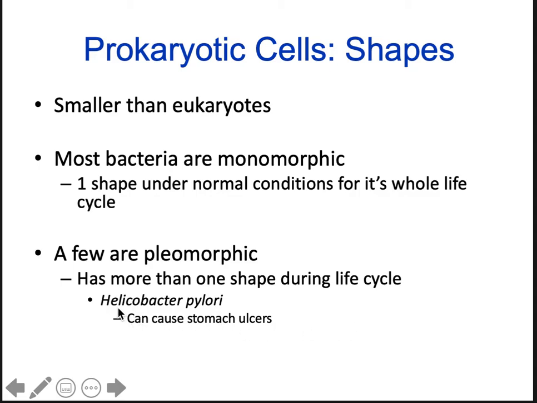Okay, so what is H. pylori? Helicobacter pylori. A lot of people who have stomach ulcers have an infection with H. pylori. But the interesting thing is that not everyone who has the H. pylori infection develops a stomach ulcer, and not every single stomach ulcer has H. pylori.